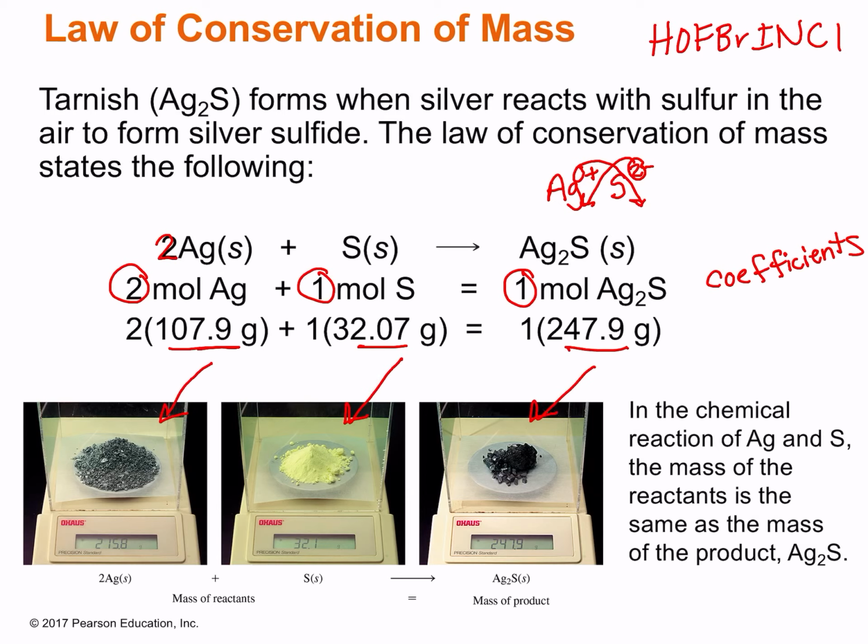And if we added the reactants together, we would get the total, because the mass of the reactants before the reaction has to equal the mass of the products after the reaction. So that's called the law of conservation of mass, that matter and mass can't be created or destroyed during the reaction. So whatever mass we have before the reaction, we also should have after the reaction.